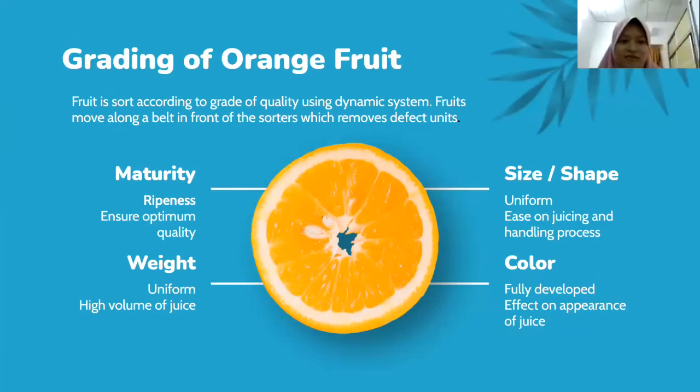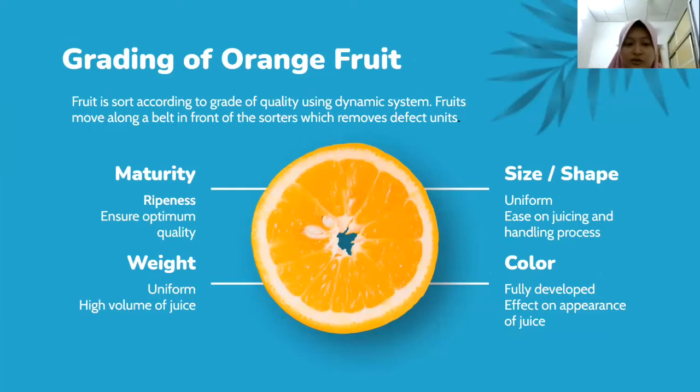I'm Yasira and I'll continue with grading of fruit. Grading is a process of sorting the fruit according to the grade of quality using a dynamic system. The fruit moves along a belt in front of the sorter, which removes the defect units. They are graded based on maturity, where we only select ripe oranges of optimum quality.